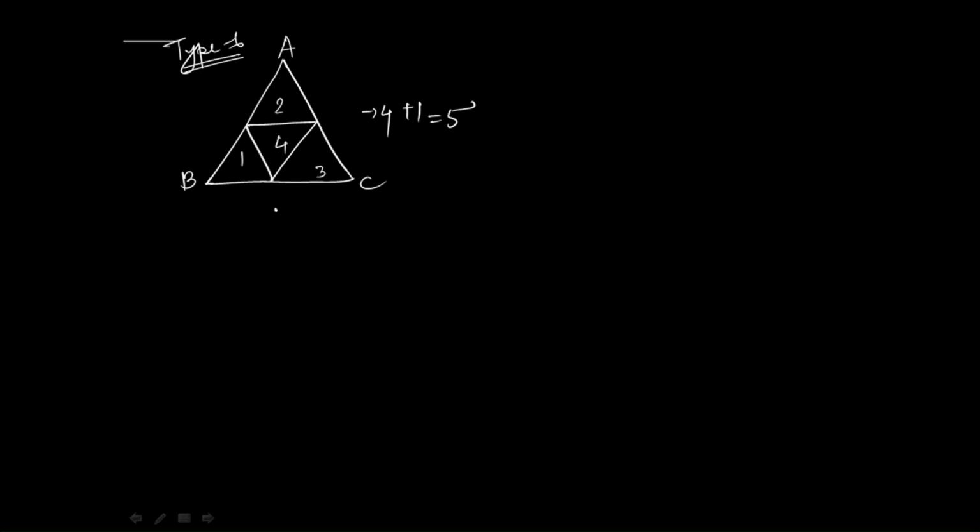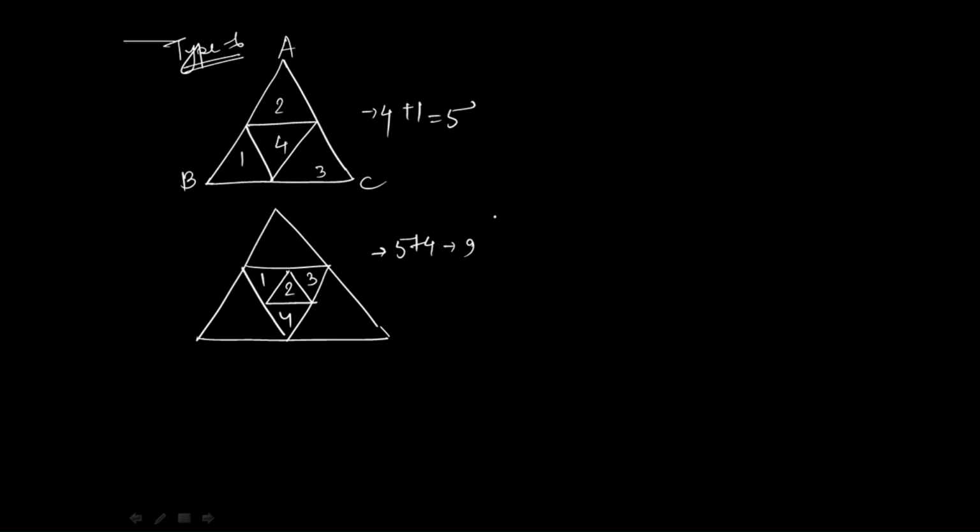So if I add one more triangle inside it, how many triangles will be there? 4 more triangles will be there. 3, 4. These 4 triangles will be added inside this. So it will be 5 plus 4, 9. Right?